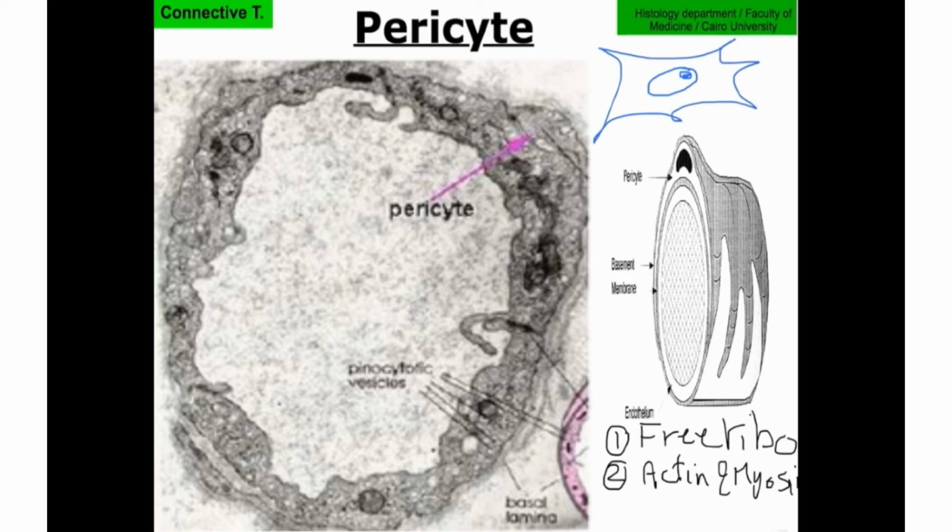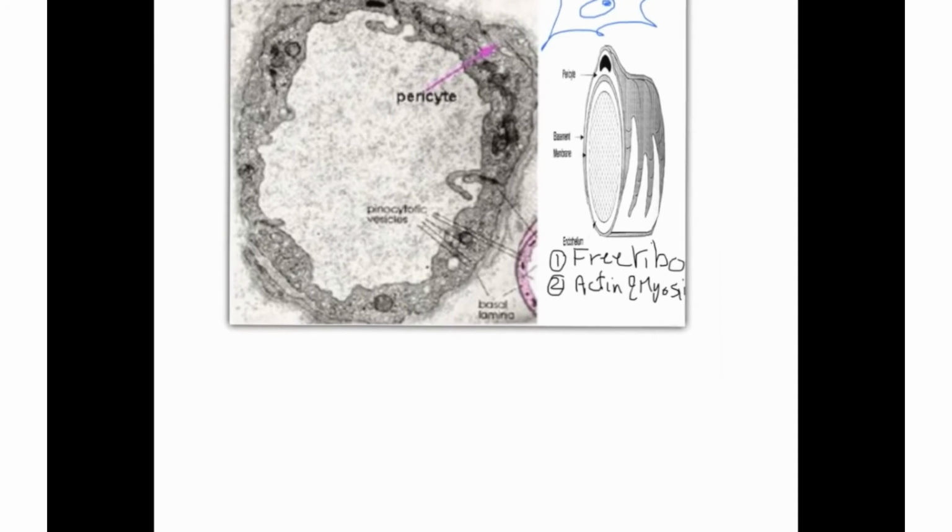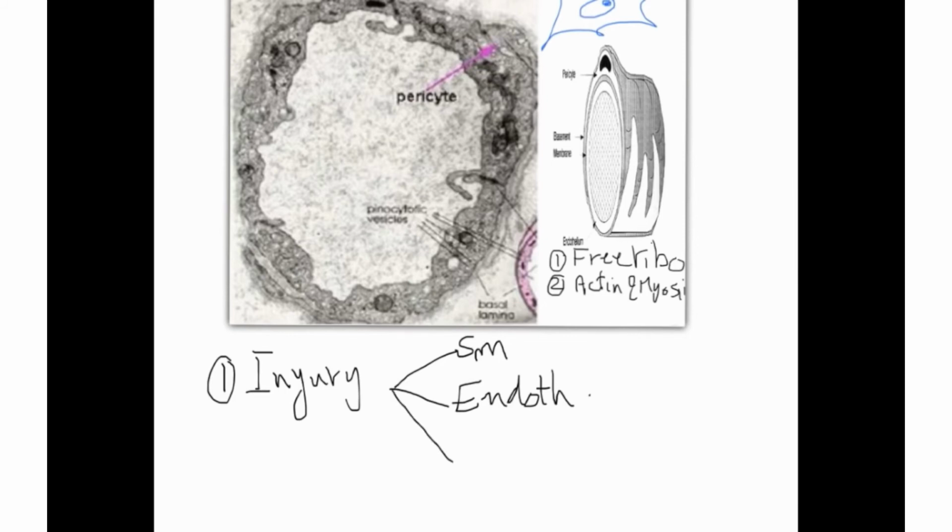As regards the function, number one, in case of injury to the connective tissue, they can change to give other components like smooth muscle, endothelial cells, as well as fibroblast, which can regenerate the different connective tissue components.